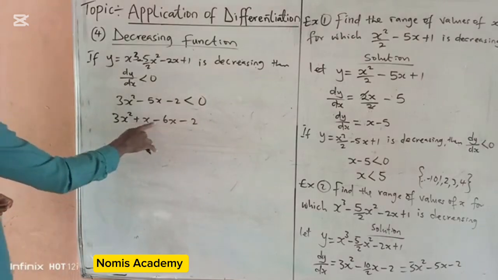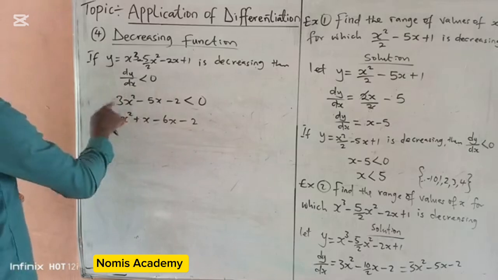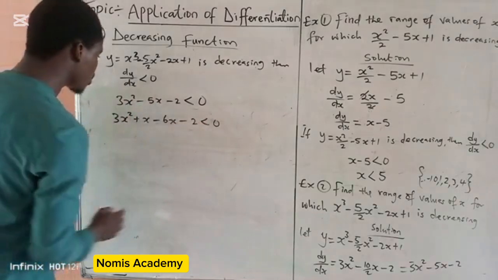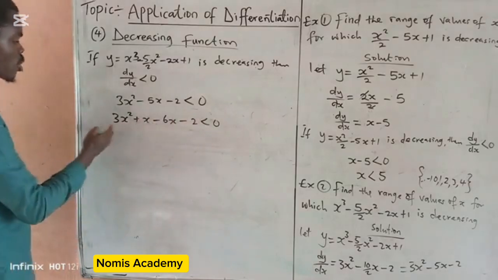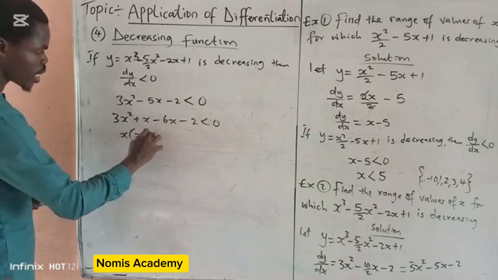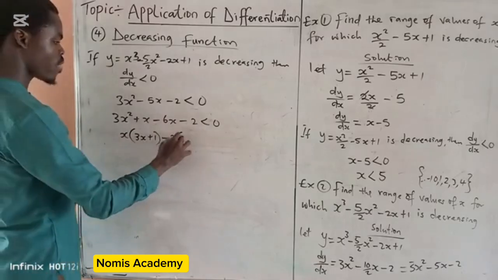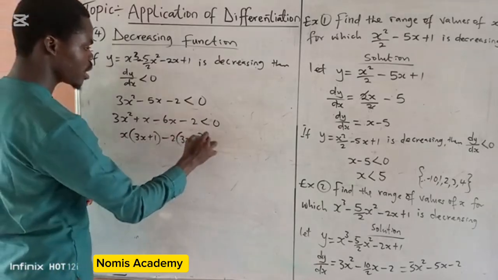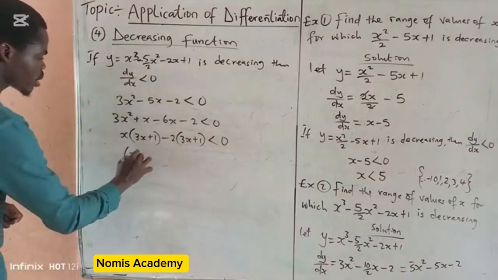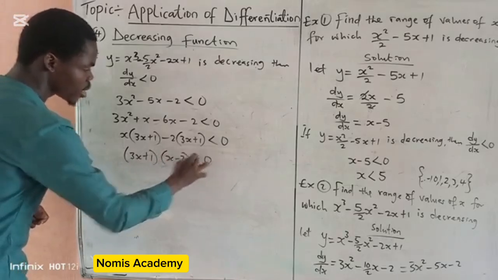My plus x and minus 6x multiplied together give minus 6x squared, and the sum gives us minus 5x. We move on with the solution: pick the first two and factor out what is common. x is common, so we have x into 3x plus 1, and then for the other side, minus 2 is a common factor, so we have minus 2 into 3x plus 1, less than 0. So we pick out what is common, 3x plus 1, into x minus 2, less than 0.